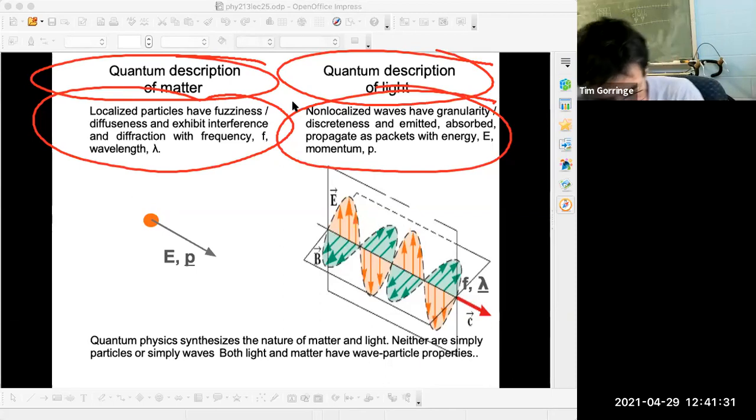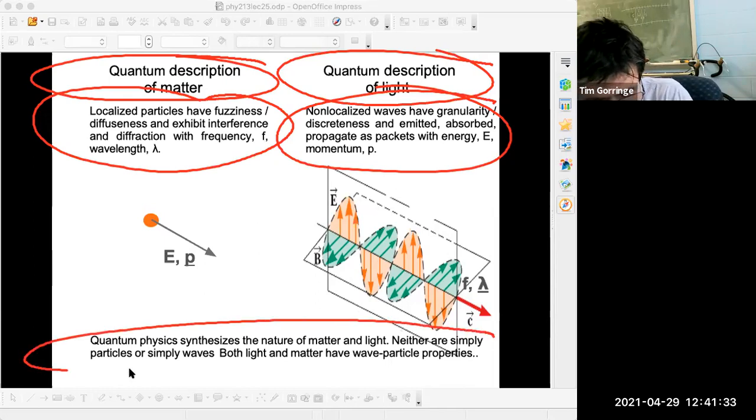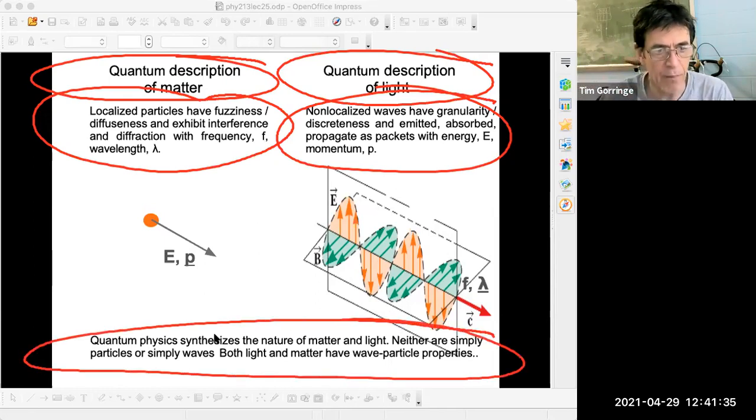And so this is a more sophisticated, more unified picture of what matter and light are. Matter and light are no longer just particles in the case of matter or waves in the case of light. They're entities that exhibit both particle-like and wave-like properties.